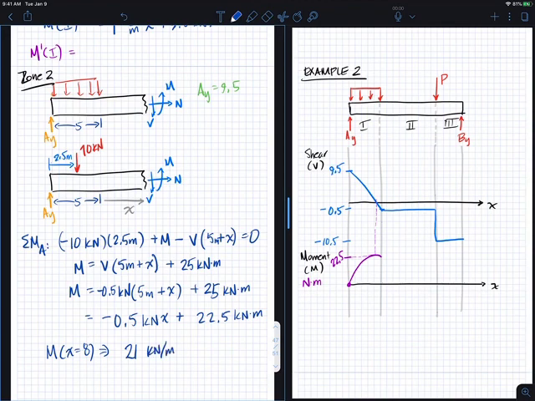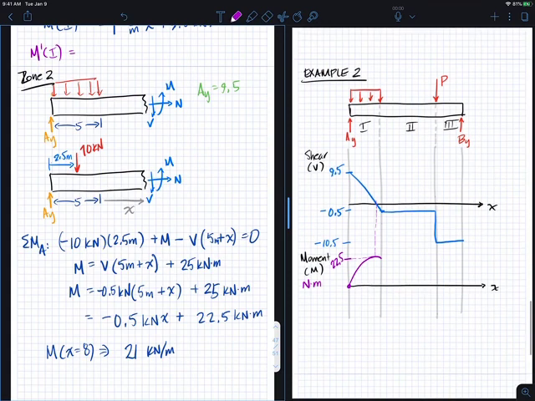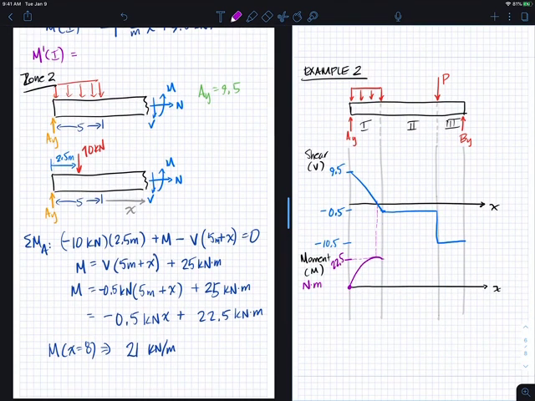So that slope is pretty small. So I'm going to draw that in on the right-hand side. So here's our 21.